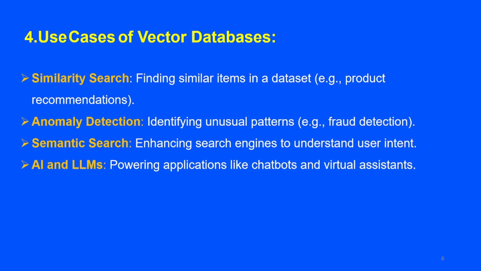So this is one of the use cases, and the second one is anomaly detection. This is a very important one, and we can use it for fraud detection: if any fraud is happening, or any unusual behavior in terms of transactions. We can also identify this in healthcare.